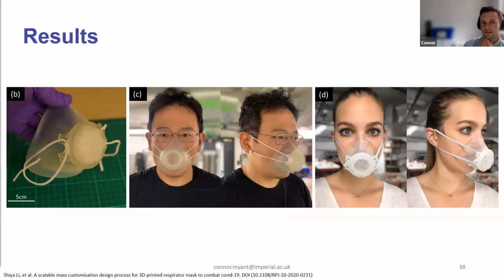Okay, and here are some of our results, some of the early masks that we made, and some of the team members just demonstrating the difference in facial characteristics and the goodness of fit that we were able to achieve through this process.